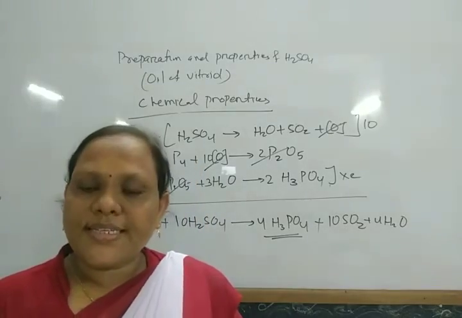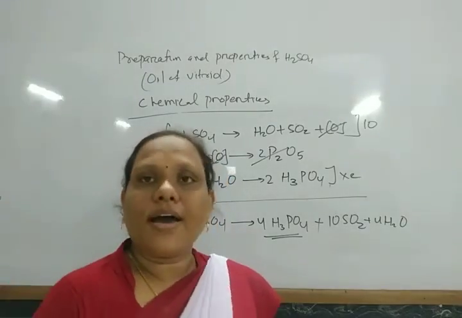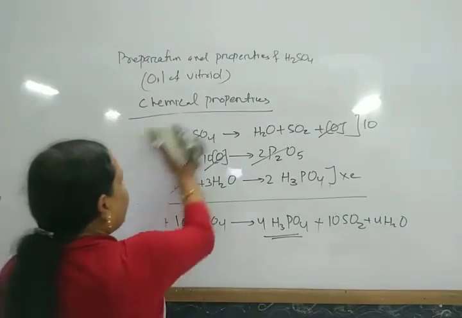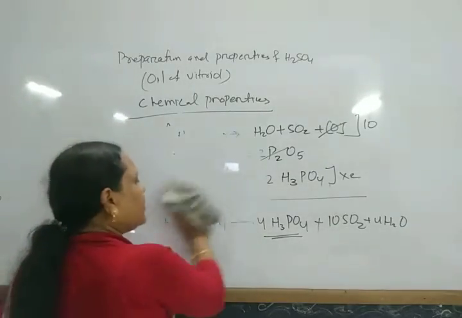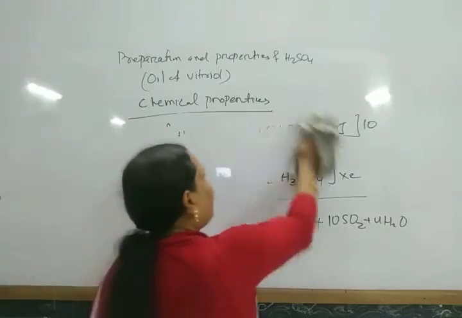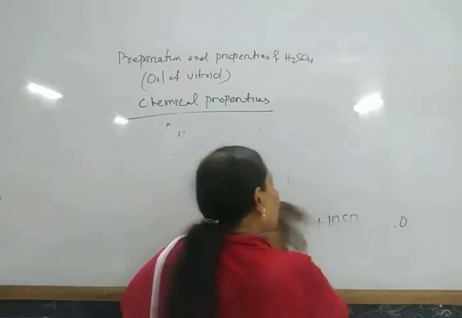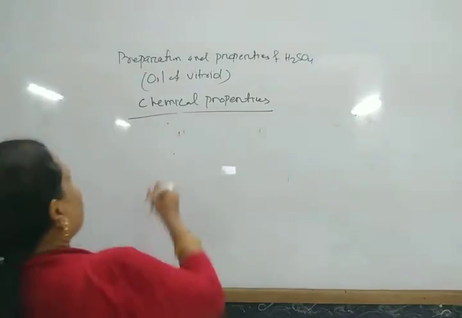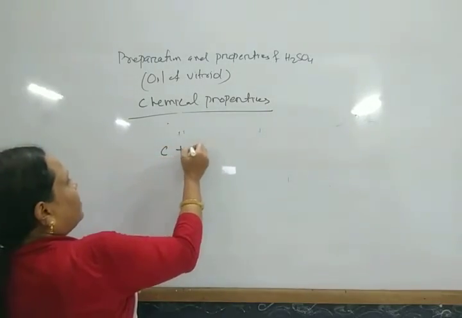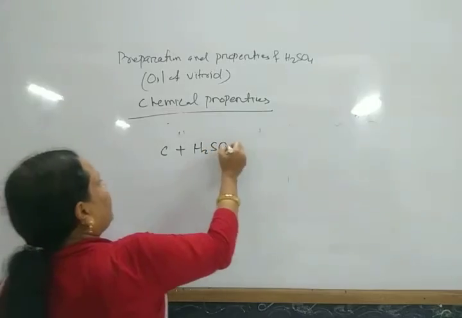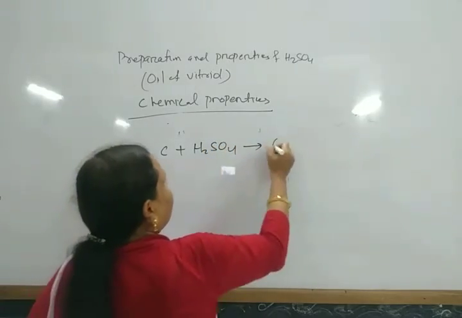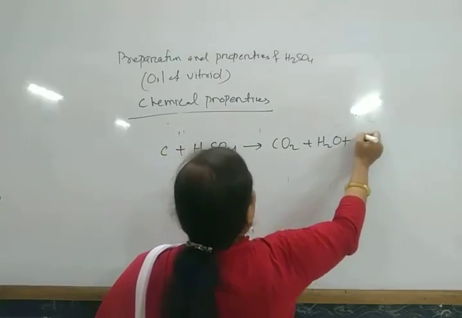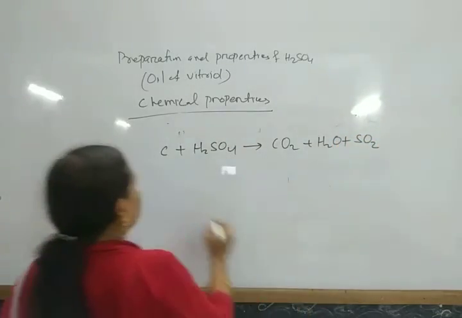Similarly, sulfuric acid when treated with carbon forms carbon dioxide, and sulfuric acid when treated with sulfur forms sulfur dioxide. Okay, so carbon plus H2SO4 gives rise to carbon dioxide, water plus sulfur dioxide.